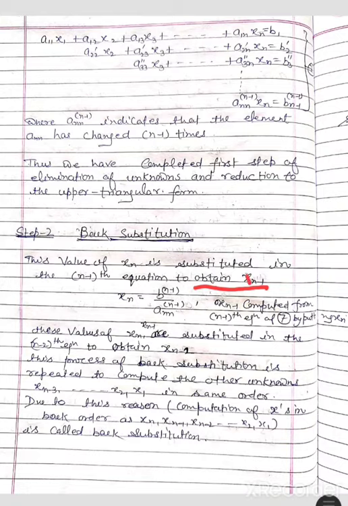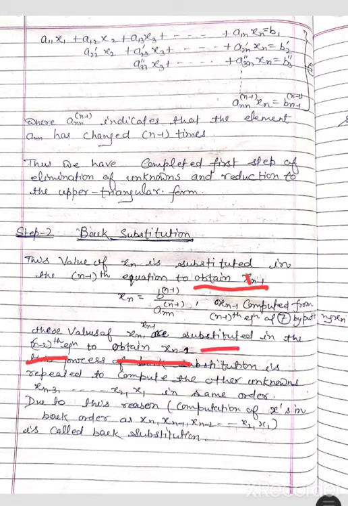The values of xn and xn minus 1 are substituted in the n minus 2 equation to obtain the value of xn minus 2.